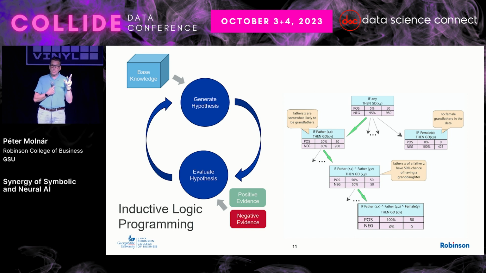And how do we come up with the rule based on some known relations, known predicates, which is our base knowledge, and then examples? These are positive and negative examples. Basically, we want an algorithm finding different types of rules that might be candidates, hypotheses, and then testing them against the training examples that we get.